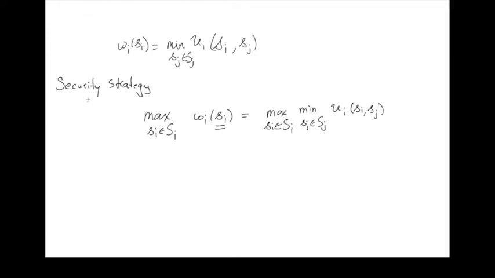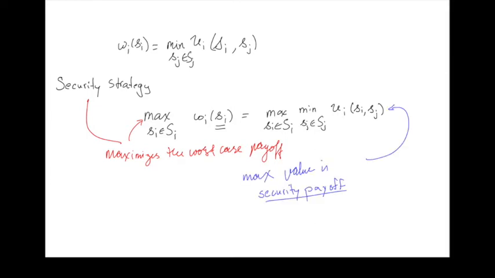So a security strategy maximizes the worst case payoff for player I. If your opponent, rather than being a rational opponent who is looking to maximize their own payoff, is some demented tormentor who is just looking to minimize your payoff, the maximum payoff that you can get is what we call the security payoff. And the way you get that is by playing the security strategy, which is the strategy SI that maximizes your worst case payoff. So it's a solution to this maximization problem.